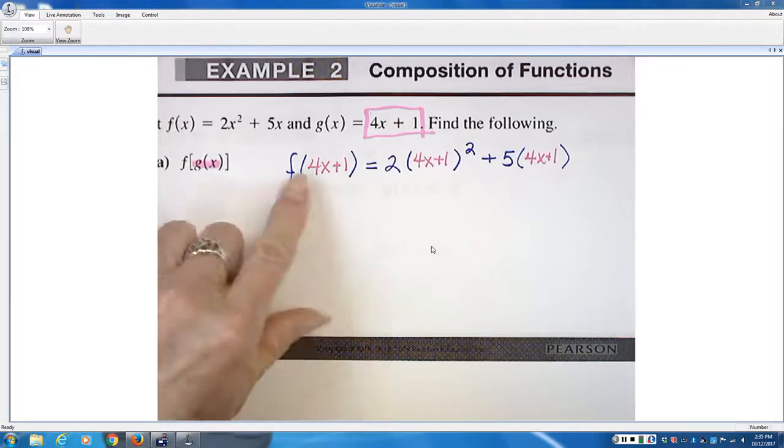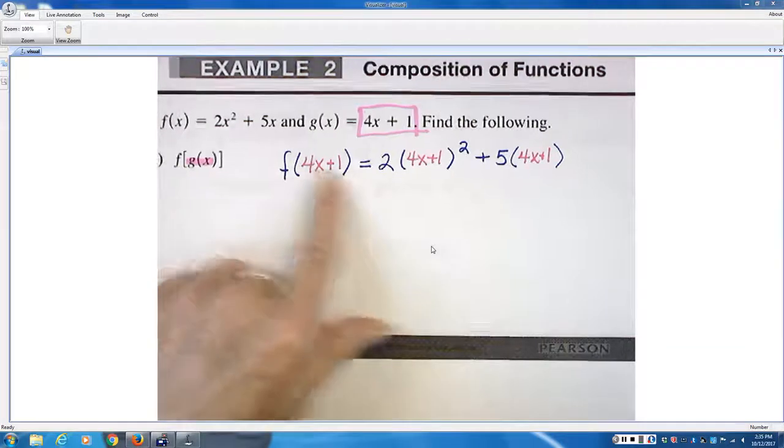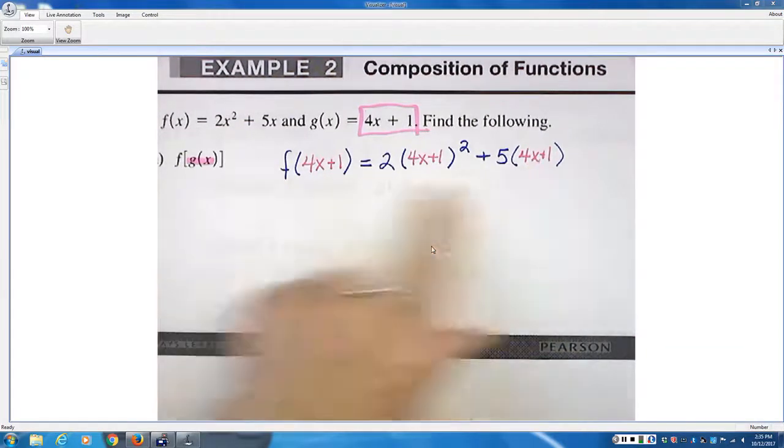So here we've got f of g of x. This is the g of x because it's the inside. So this is what f of g of x looks like.